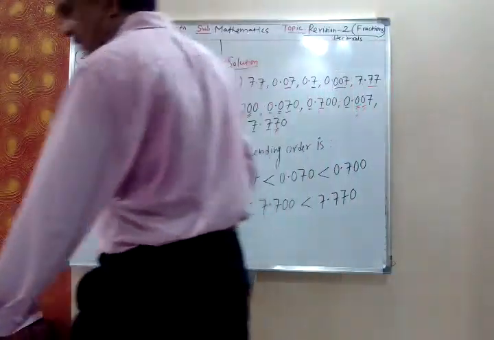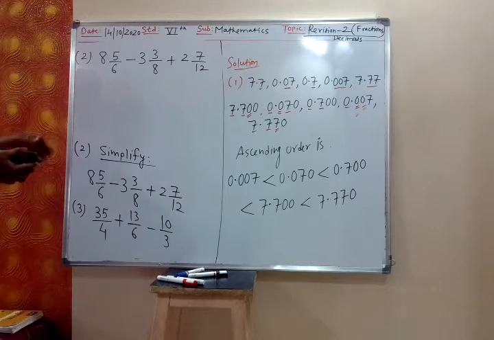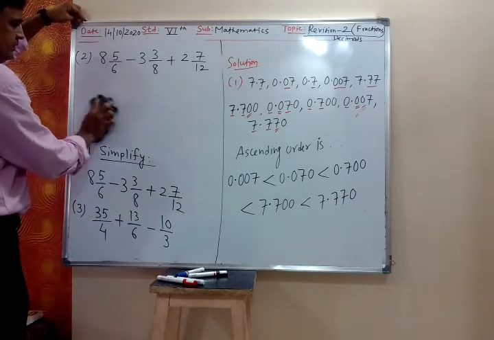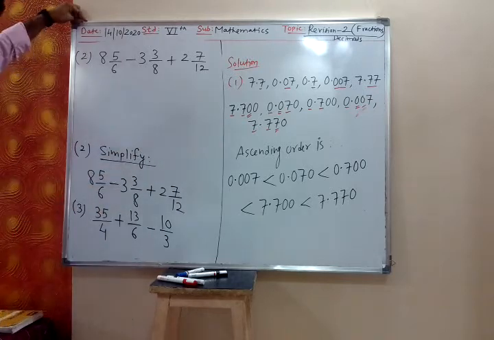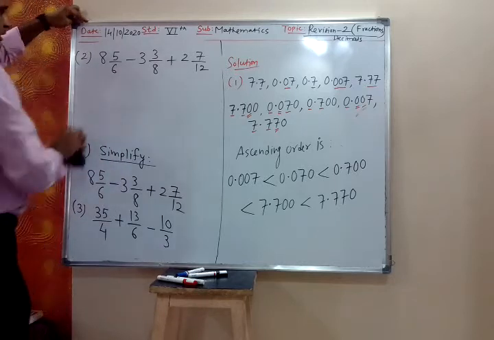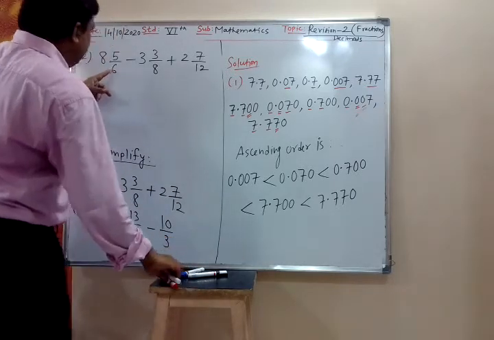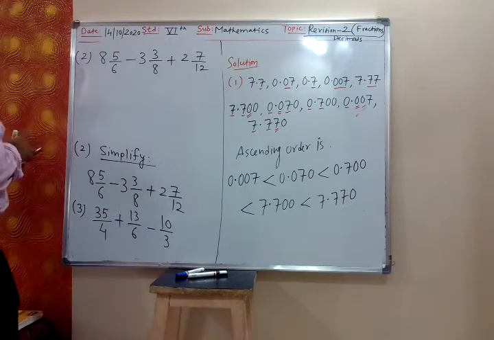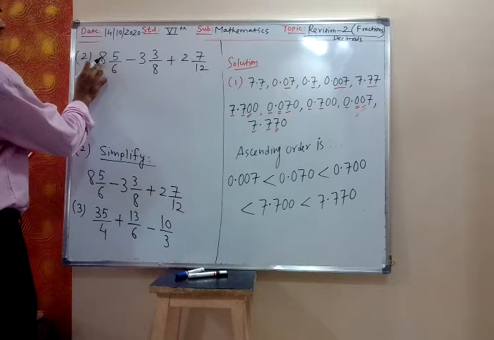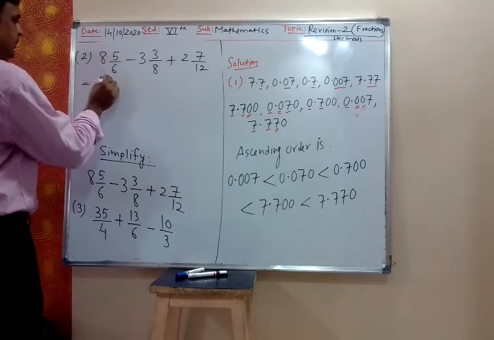No. This is a mixed fraction. We have to convert them into improper fractions. So how do we do it? 6 8s are 48. 48 plus 5, 53. 53/6.